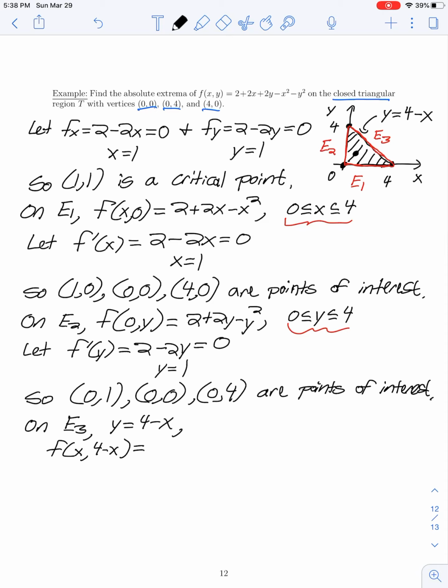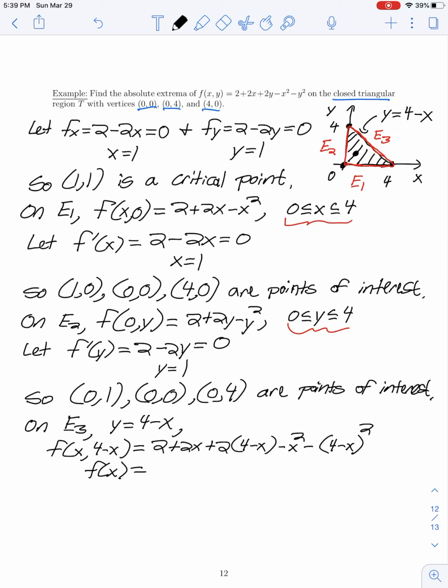And so let's look at our function. F of x, y, well, if y has to be 4 minus x, we have 2 plus 2x plus 2y, which is 4 minus x, squared minus y, which is 4 minus x quantity squared.